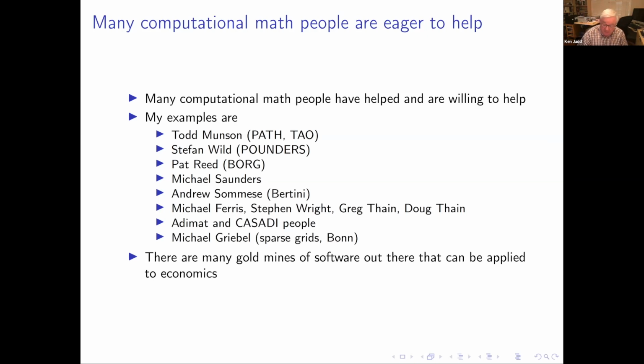I've written papers with Doug Thain, who's a computer scientist at Notre Dame. What Doug likes to do is think about writing software that is designed for specific problems with a specific form.